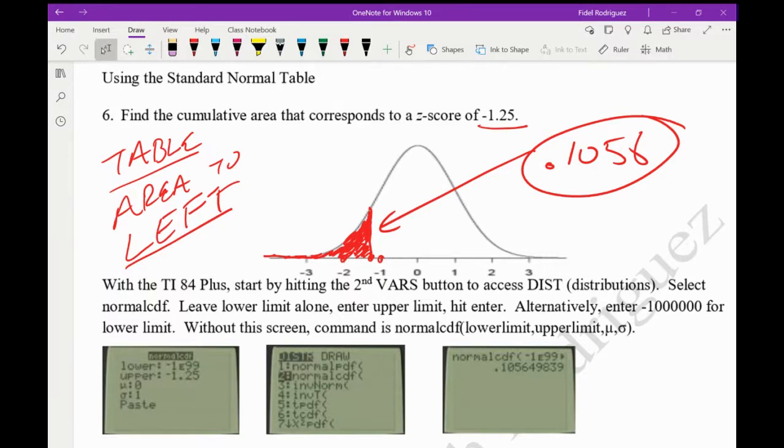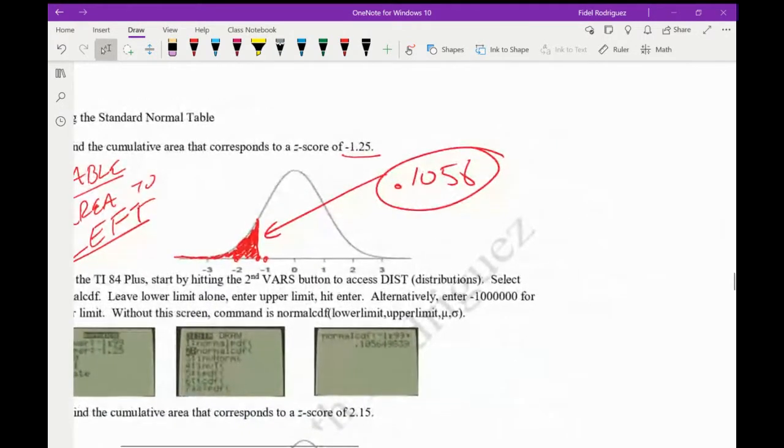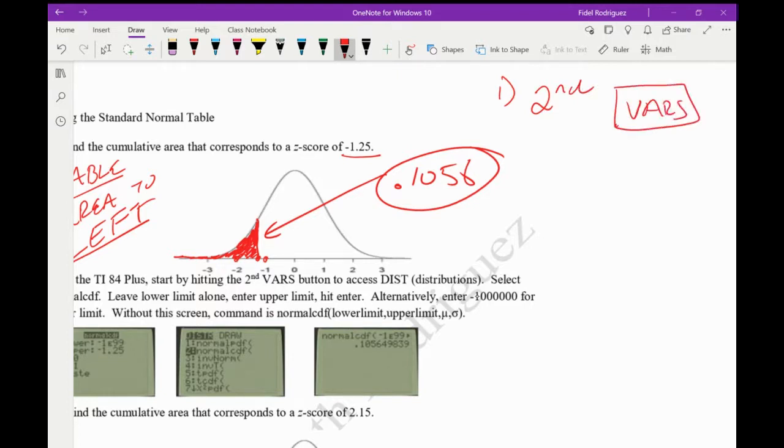Now, instead of using my table, I can do this using my calculator as well, and I'm going to show you how. On my calculator, there's going to be a couple of steps. The first thing we're going to do is hit the second button, and then the button that says bars. Second, we're going to look for something called the normal CDF.